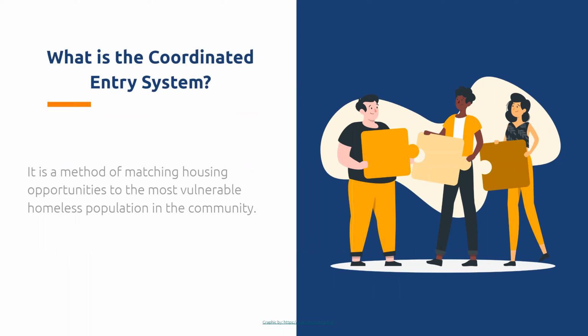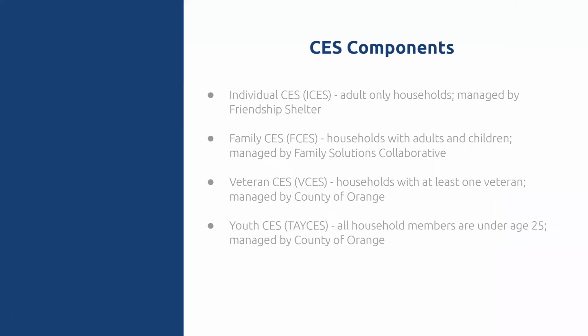What is the coordinated entry system? It's a method of matching housing opportunities to the most vulnerable homeless population in the community. You'll see on this slide a list of the different CES components. Individual CES serves adult-only households, and that is managed by Friendship Shelter.